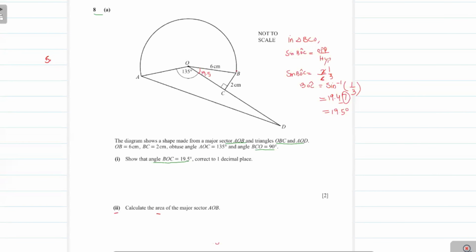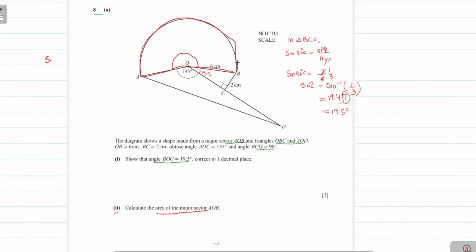Part second, calculate the area of the major sector AOB. Now you see here, this is the major arc, and these are two radii. The area between these two radii and the major arc is the major sector. To calculate the area of the major sector, firstly we have to find the angle of this major sector.